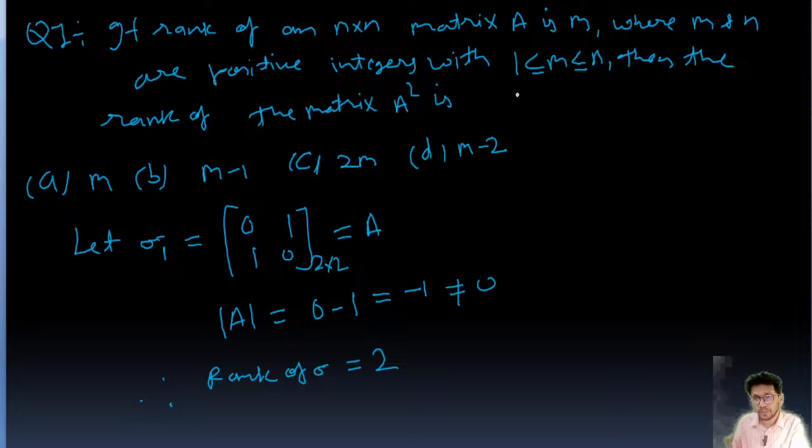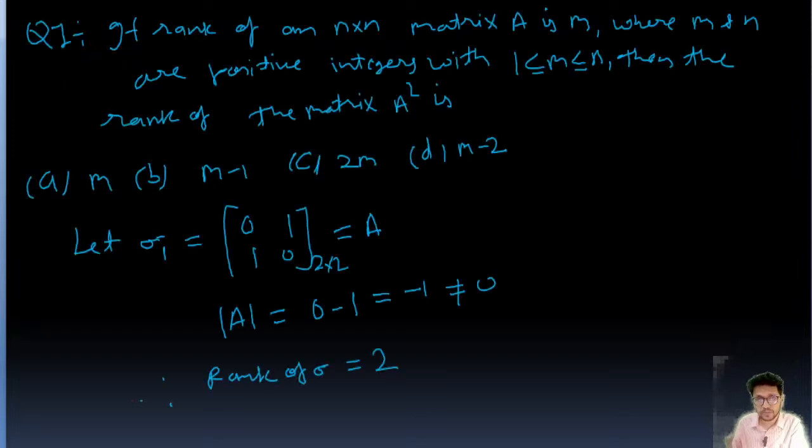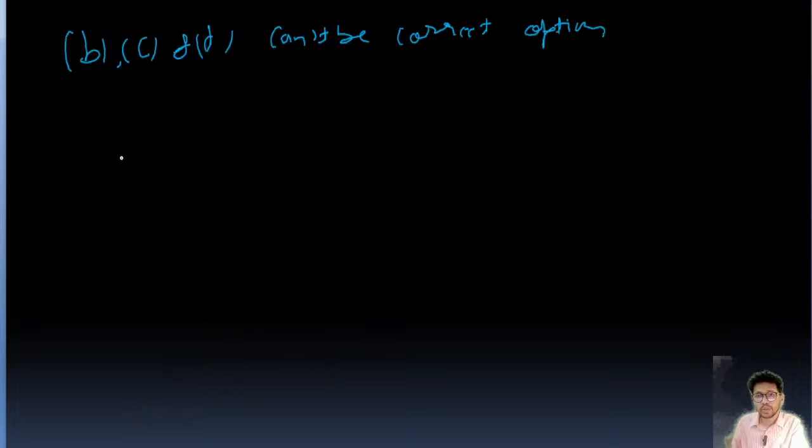From this, the rank of the matrix cannot be M minus 1, 2M can't be possible, and M minus 2 also can't be possible, because M is greater than or equal to 1. So B, C and D can't be the correct options. That implies option A is correct.